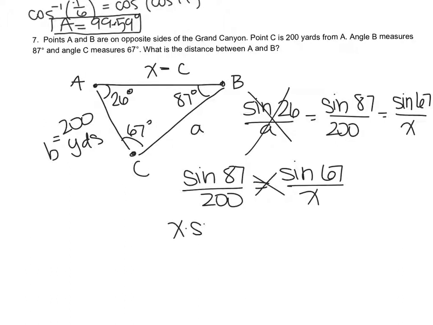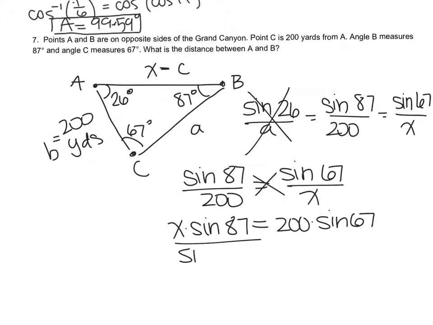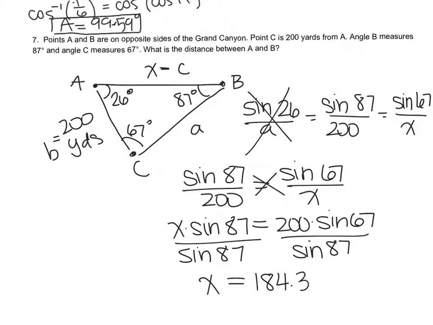So we get x times the sine of 87 equals 200 times the sine of 67. Divide by the sine of 87. And we get that x is 184.35 yards.